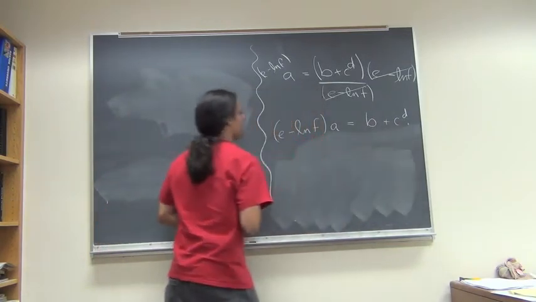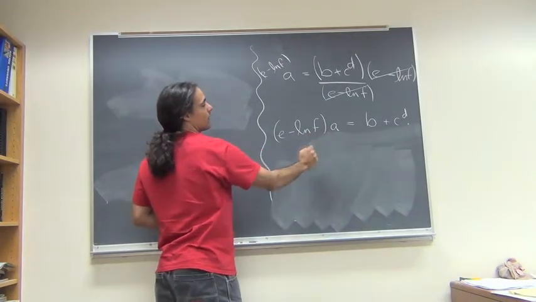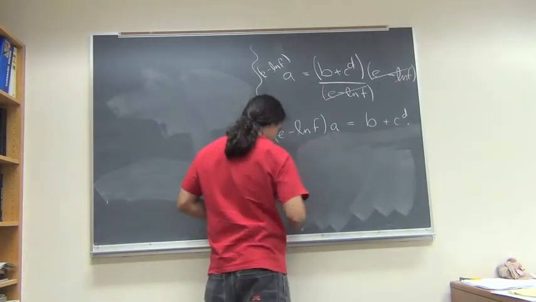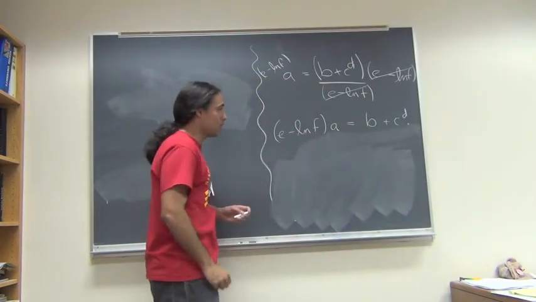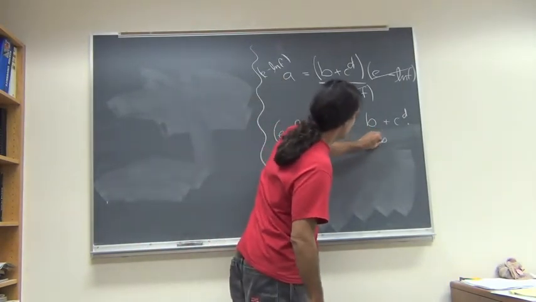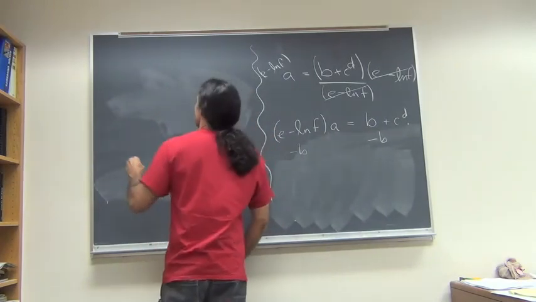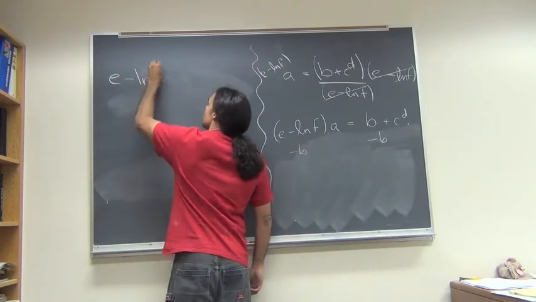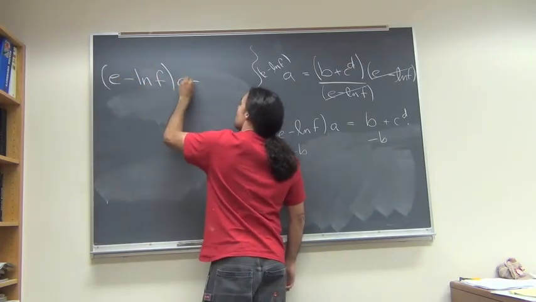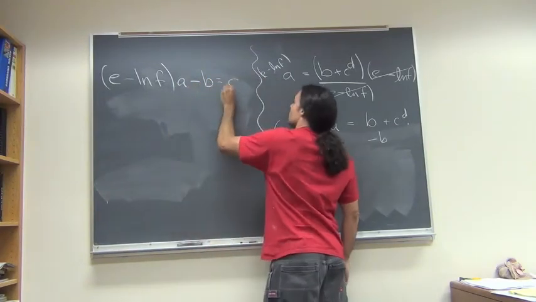So we're starting from the step that says E minus log F, quantity, times A, equals B plus C to the D. I'm going to rewrite that. I'm going to subtract B on both sides. So I'll subtract a B here, and I'll subtract a B here. And when I do that, I'm going to get E minus log F times A minus B equals C to the D.